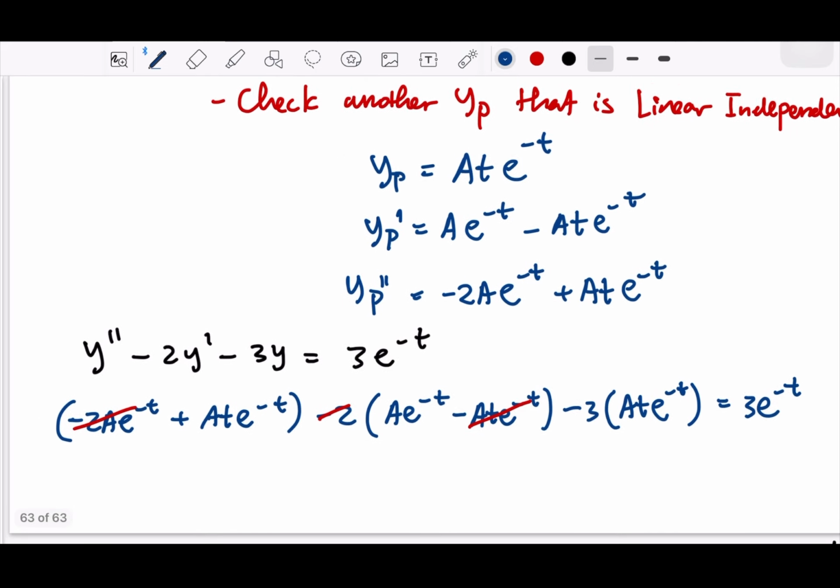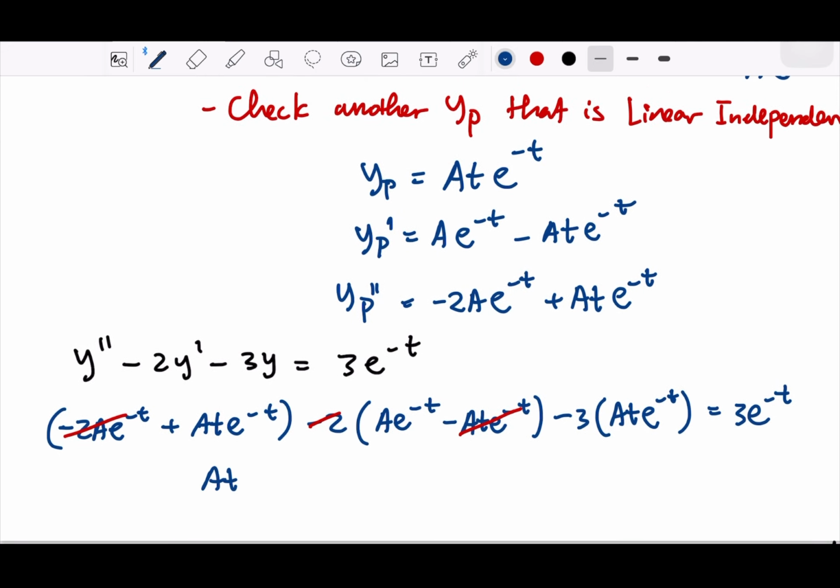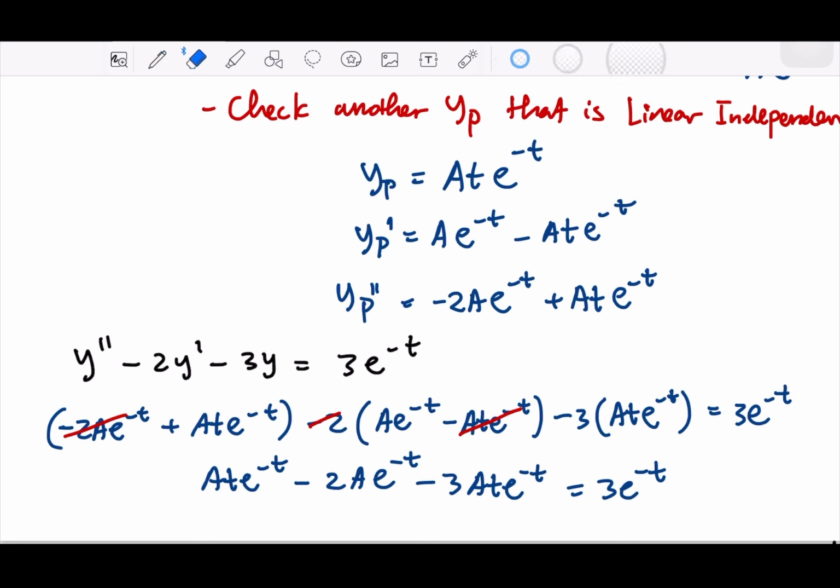Yeah, I think we can solve this, and equal 3e negative t. And we can solve this at the end.